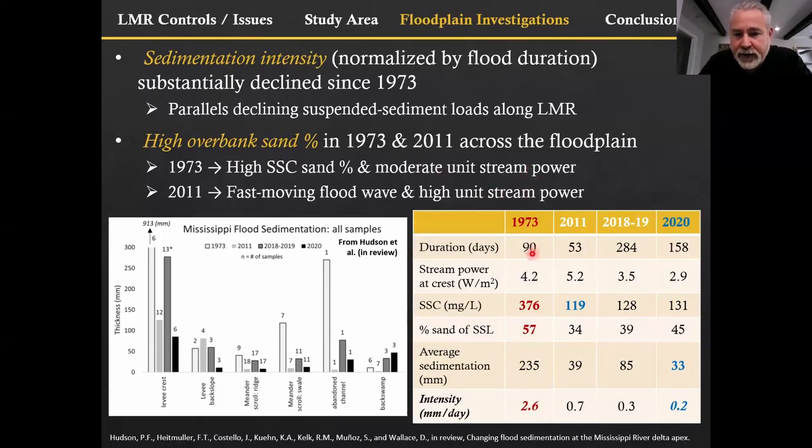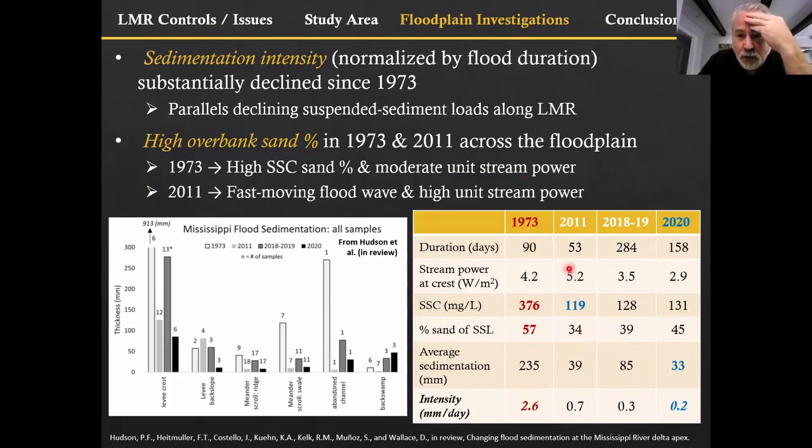When we take a look at this table and we again normalize these different types of deposits with the duration of the flood and also with the stream power, taking a look at how powerful the floods were, we can begin to tease out why we have different deposit thicknesses and whether we have percentages of sand that were relatively high. So in 1973, the very high percentages of sand that we saw in the actual river channel, 57% of the suspended sediment load was the sand fraction, whereas in the other floods that succeeded that, we had lower percentages of sand in the suspended sediment load to begin with.